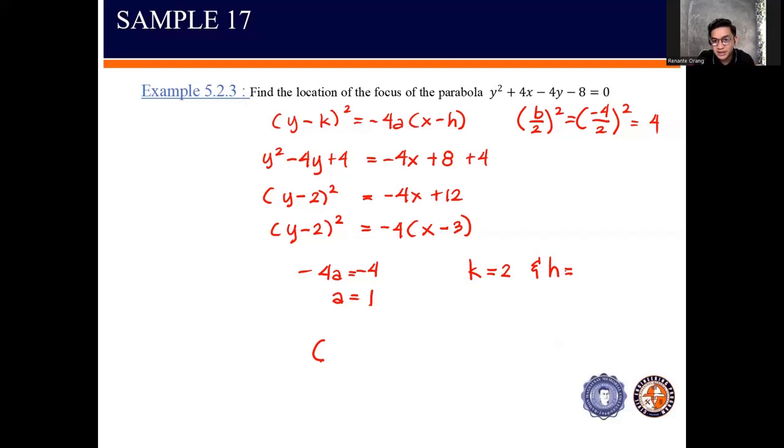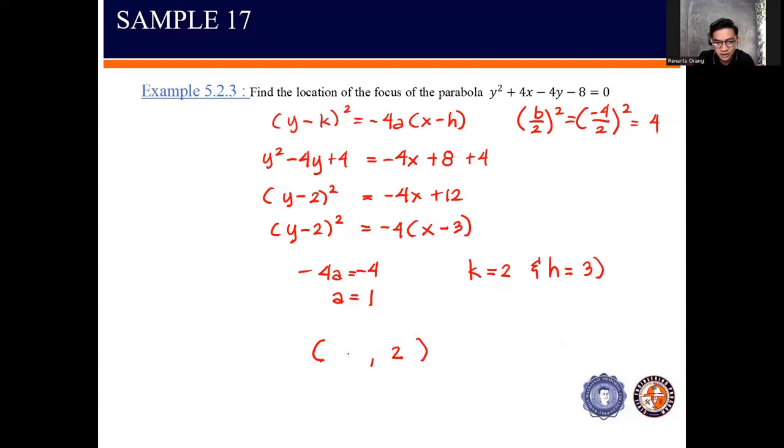Again, gawin natin siyang positive 3. So, for our, tawag dito, hinanap focus. Ayan. Yung focus natin is yung k is 2. 2 pa din siya kasi naka y squared siya. Then yung ating x is just h minus yung ating a.